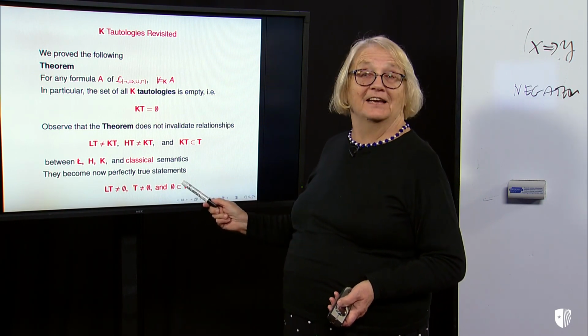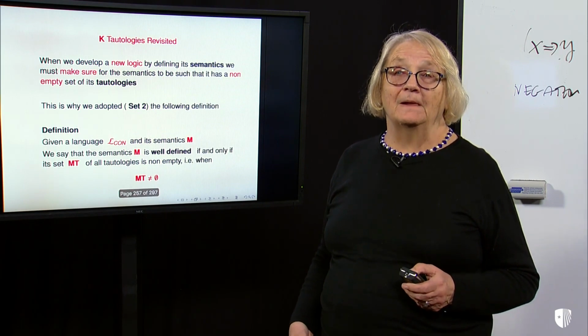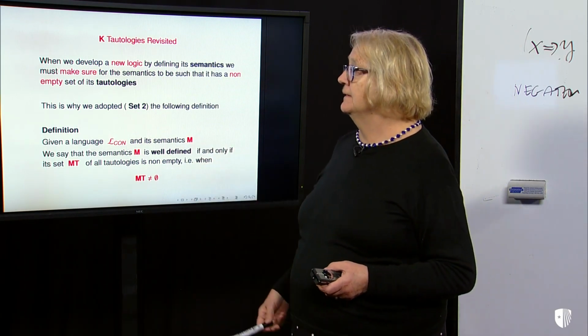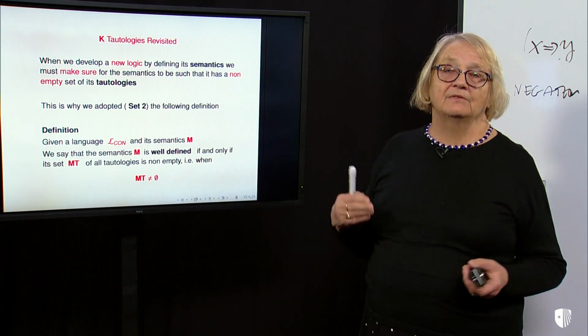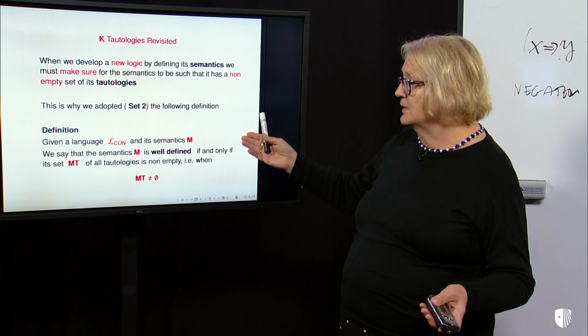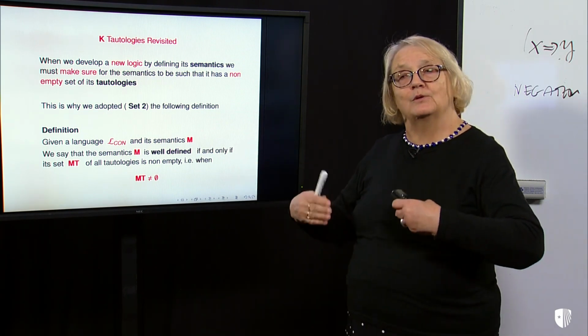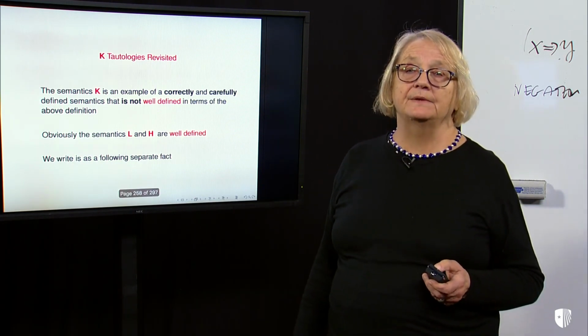Of course, the empty set is a subset of any set, and so on. So again, I just put it here: that's why we use the definition that, given a language and semantics, we say it is well defined. It is defined, but we don't call it well defined if the set of tautologies is empty.